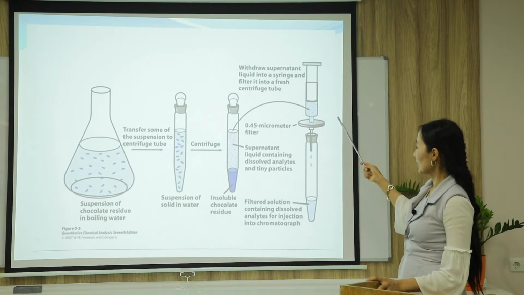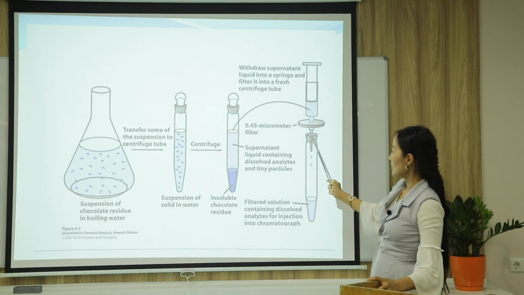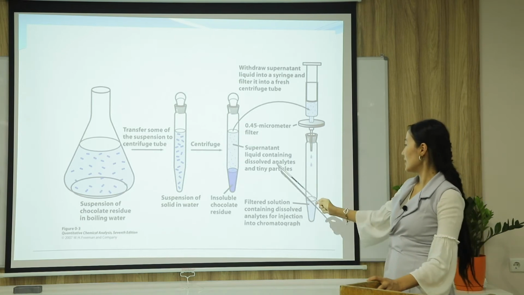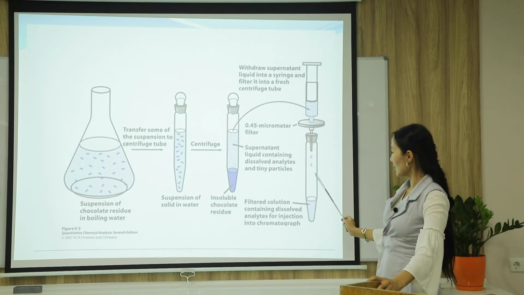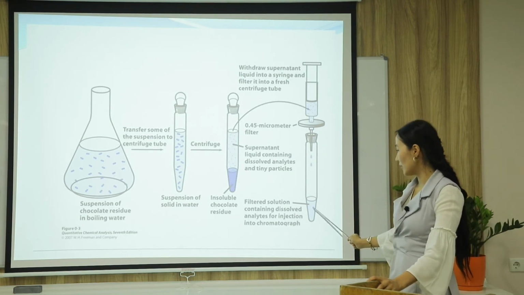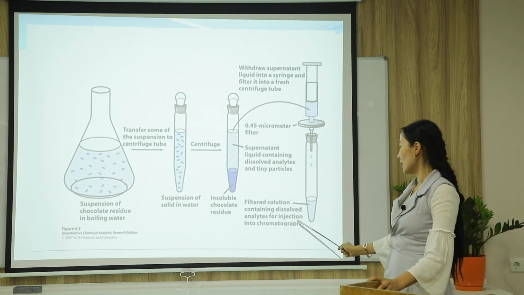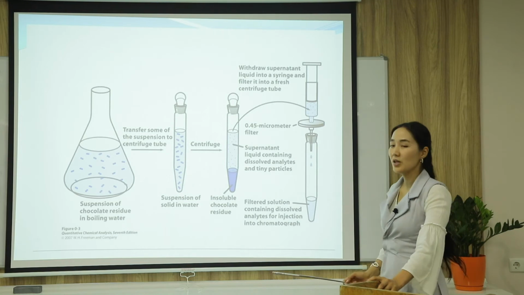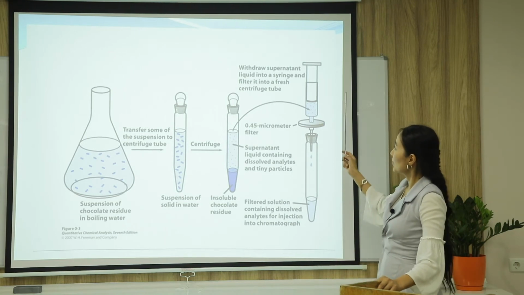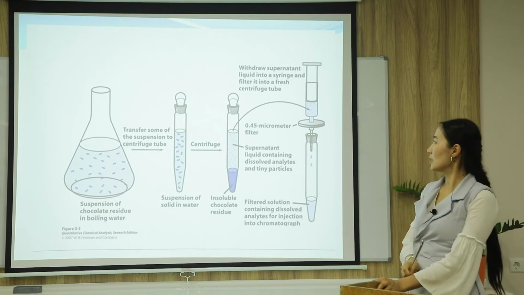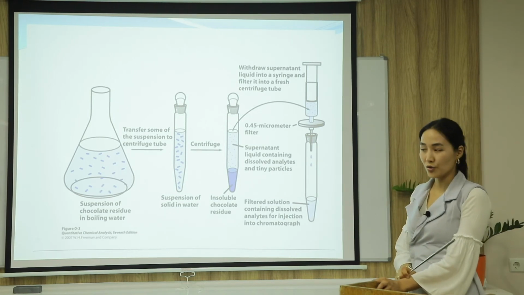We are injecting it from here, and the supernatant liquid containing dissolved analytes, with any tiny particles, comes out from this side like drops. Then we have the filtered solution containing dissolved analytes for injection into the chromatograph. So we withdraw the supernatant liquid into a syringe and filter it into a fresh centrifuge tube.